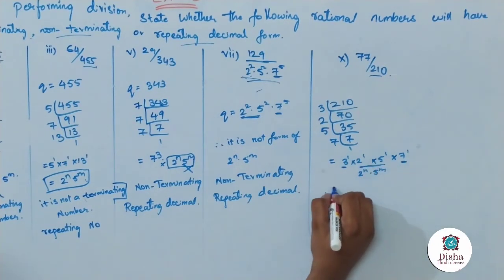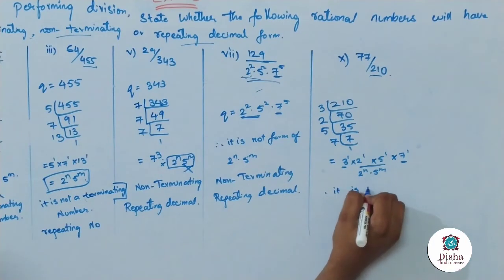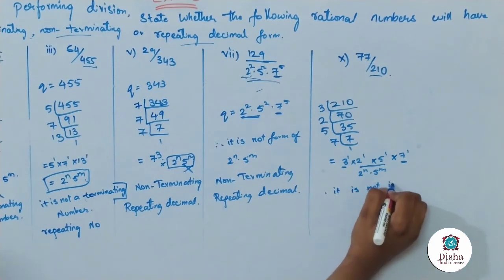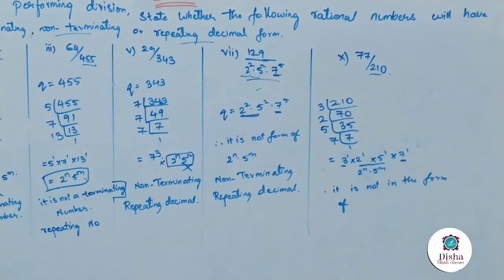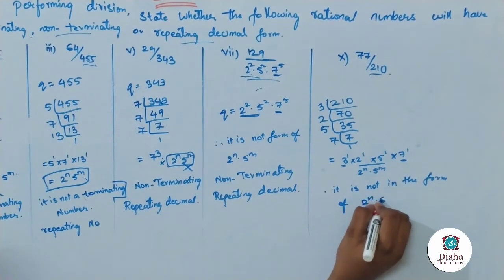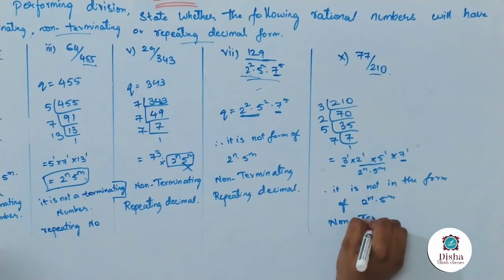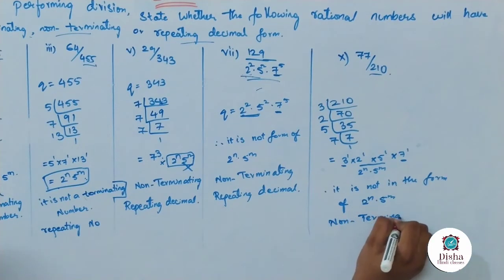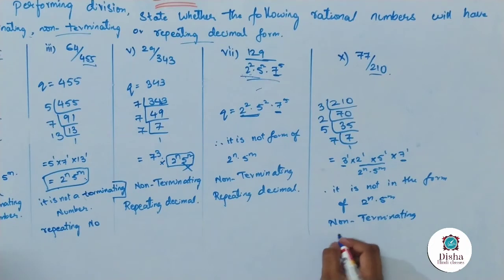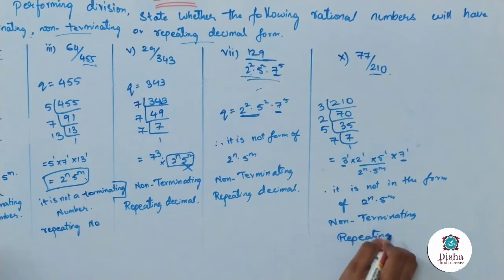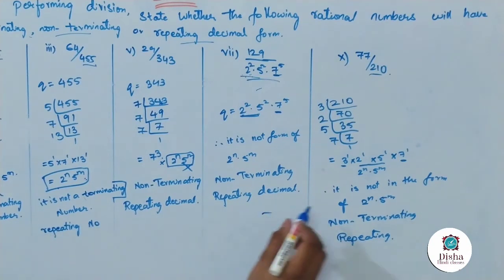Therefore it is not in the form of 2 power n into 5 power m. So it is a non-terminating repeating decimal.